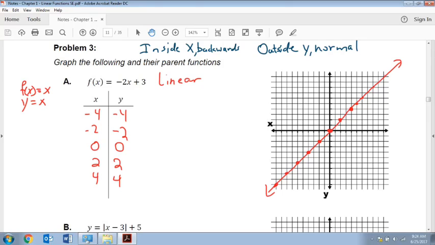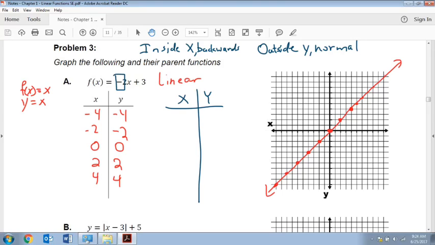So, remember, inside x is backwards, outside y is normal. So we're going to create our new graph. These are all outside. For linears, everything is outside, so they all affect the y values. So follow your order of operations.